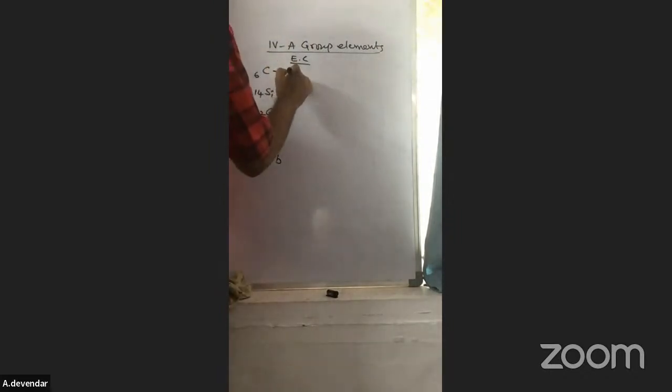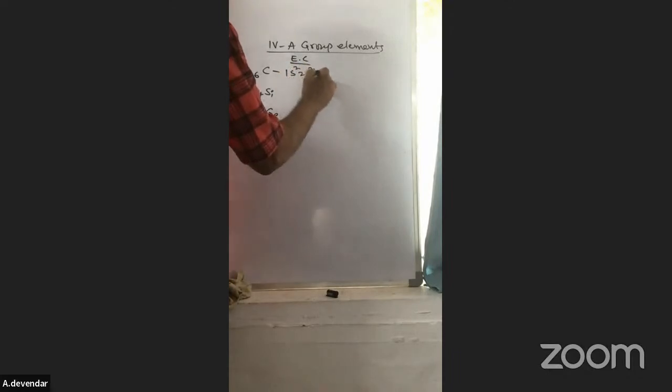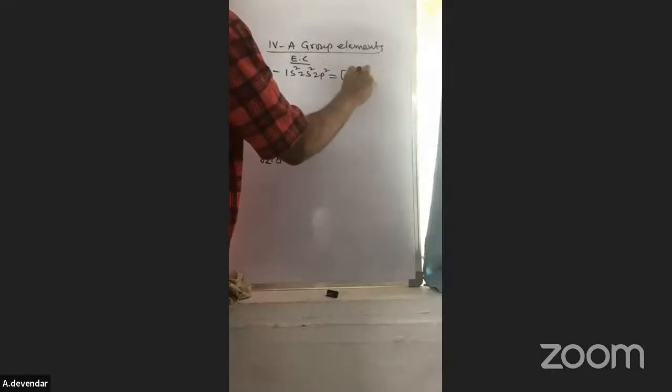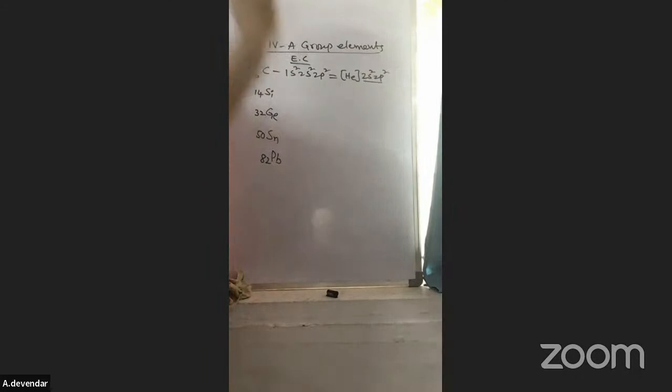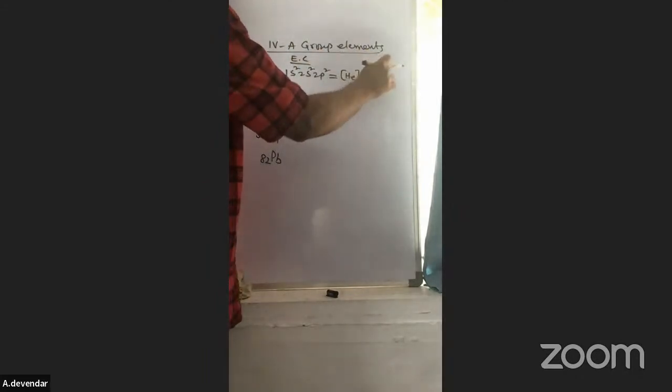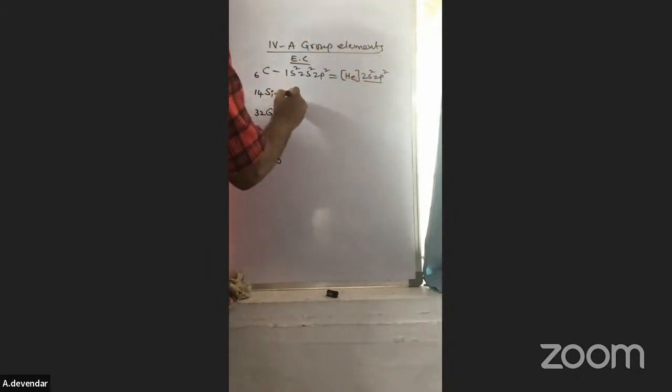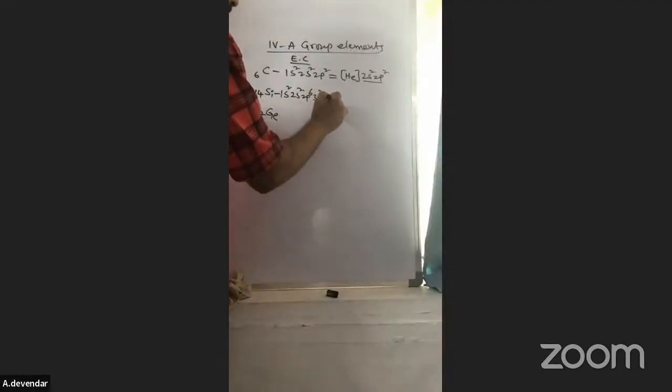The carbon: it is 1s2, 2s2, 2p2. Short form is helium, 2s2, 2p2. That means valence electrons are 4 in the s orbital and p orbital. In a similar manner, write the second element, silicon completely: 1s2, 2s2, 2p6, 3s2, 3p2.